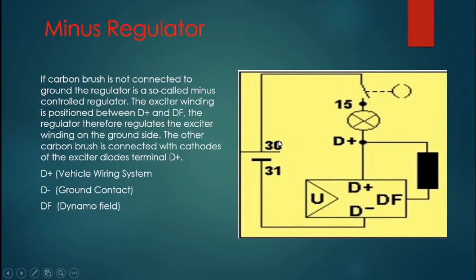And 31, 30 and 15 are the terminal numbers on the generators. So this one is a light which should tell us whether the generator is working or not working.